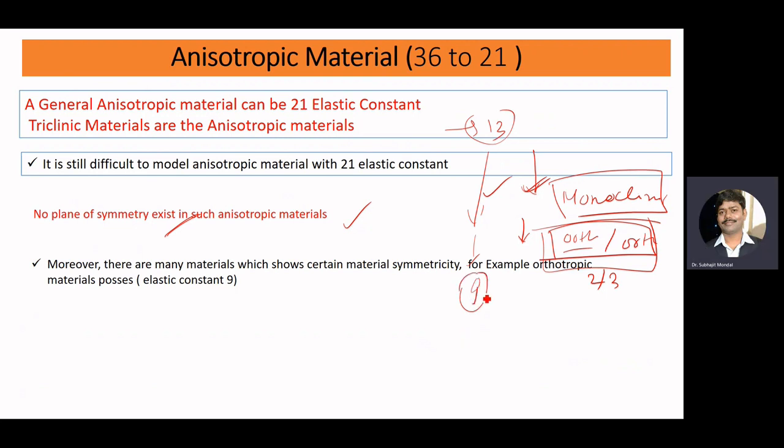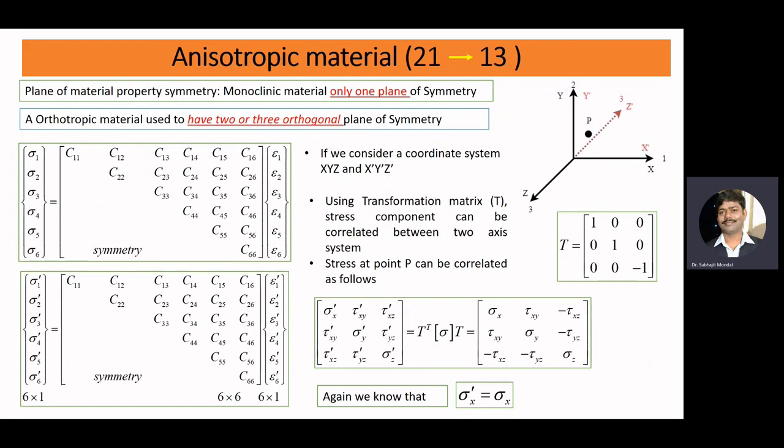Moreover, if the third plane also shows symmetry, the number of independent elastic constants does not reduce further. So for an orthotropic material with 2 or 3 planes of symmetry, we have 9 elastic constants. We are going to see what conditions we need to satisfy to have a monoclinic or an orthotropic material.